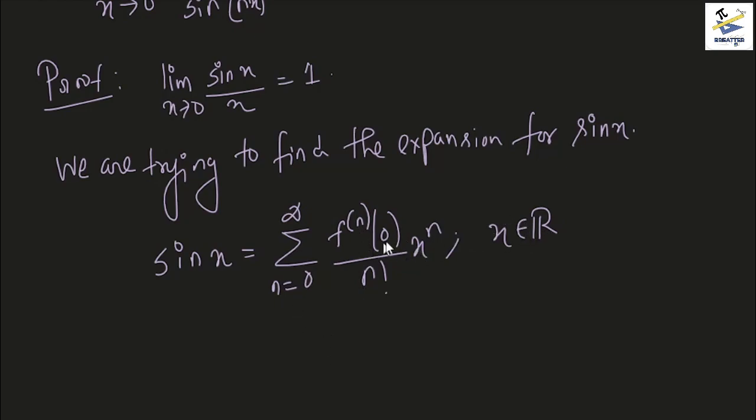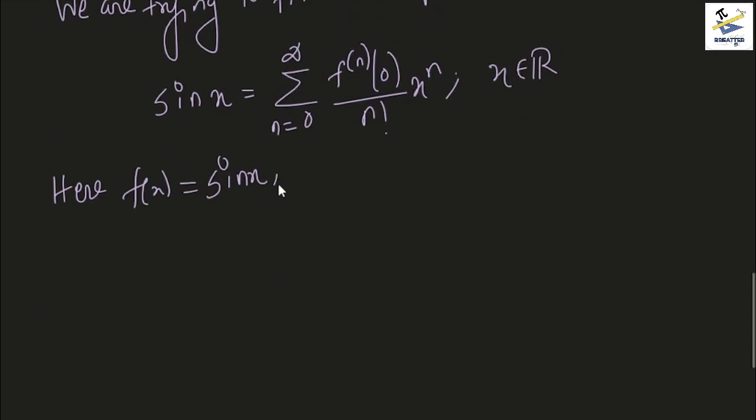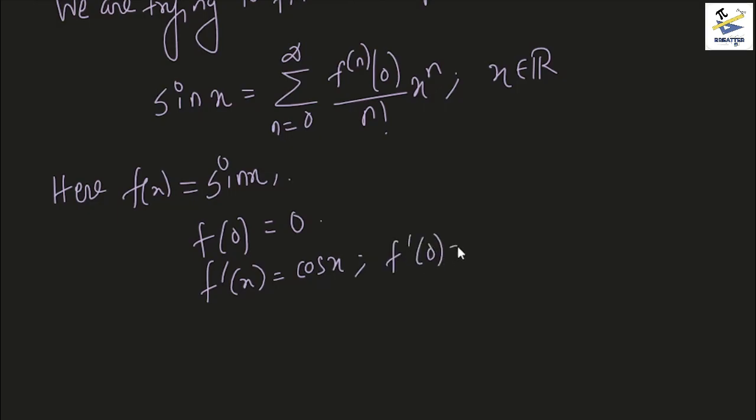So here f of x equals sin x, and we would try to find the different derivatives of this. Let us start with the first one. f of 0 is 0, right? Now f dashed x would be cos x, and f dashed 0 would be 1. This is a general thing that sine of 0 is 0 and cos of 0 is 1. We are just using that fact.